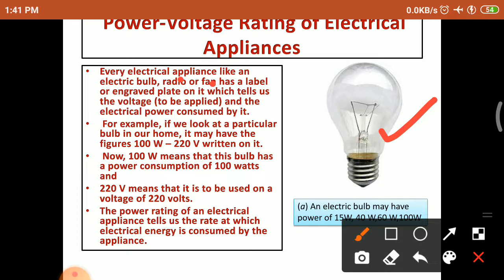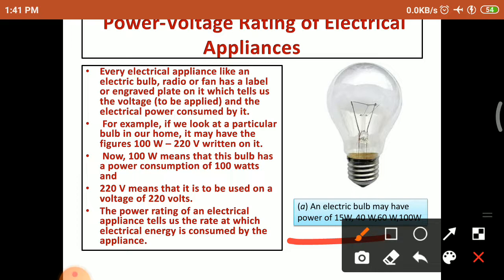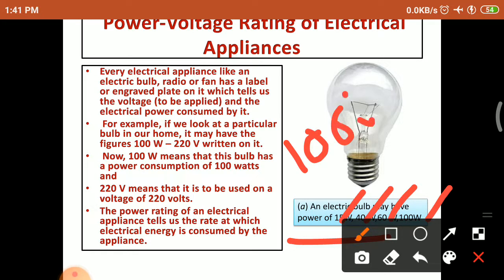So if you get any electrical gadget from the market, they write the power of the electrical appliance on the cover or on the bulb itself. If you take a bulb, they write 15 watt, 40 watt, 60 watt and 100 watt. So for example, a particular bulb in our home may have 100 watt and 220 voltage written on it.